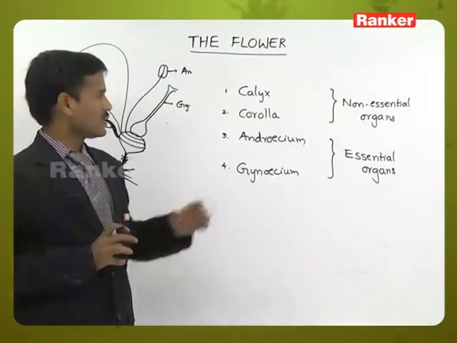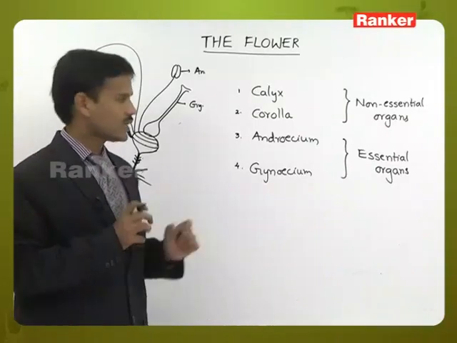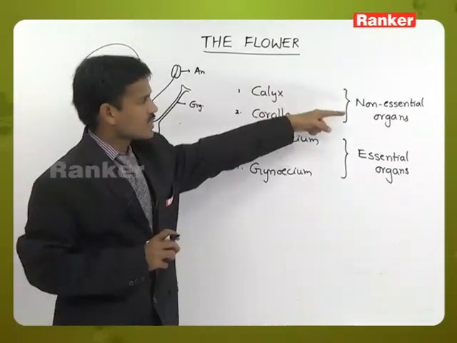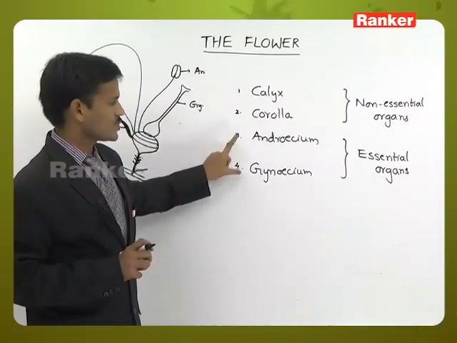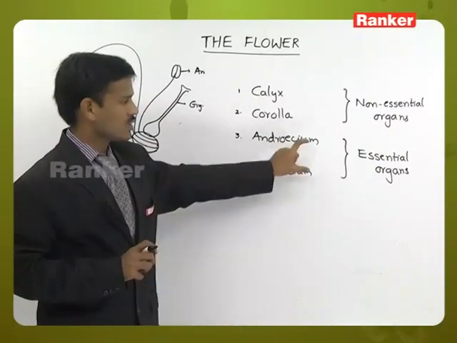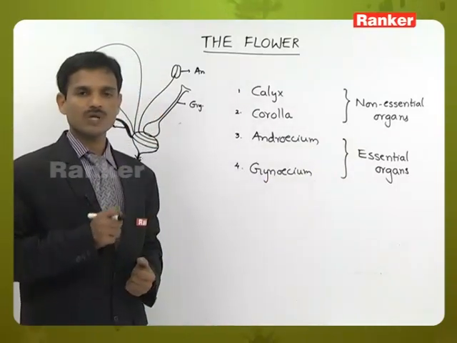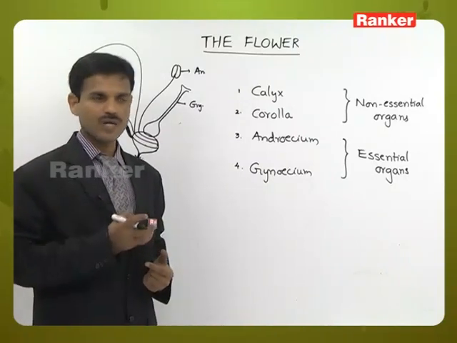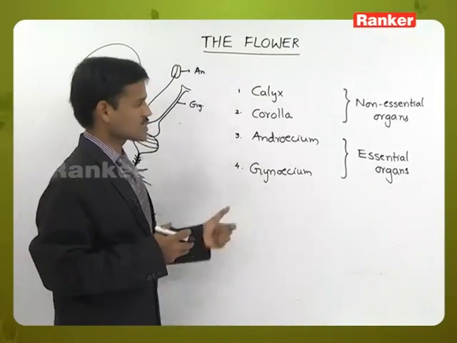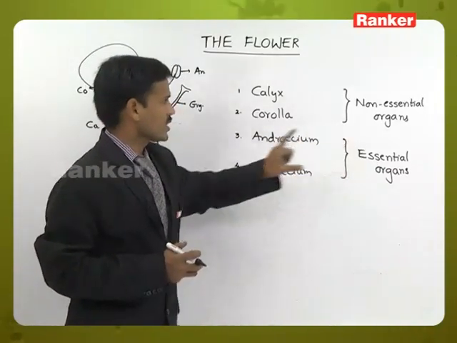Calyx and corolla are not important for sexual reproduction. That is why they are considered as non-essential organs. And androecium and gynoecium together are called as essential organs. They are important for sexual reproduction, pollination, fertilization, production of fruit and seeds. These two are essential, so that is why they are known as essential organs.